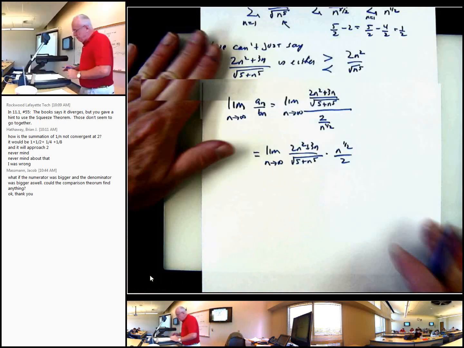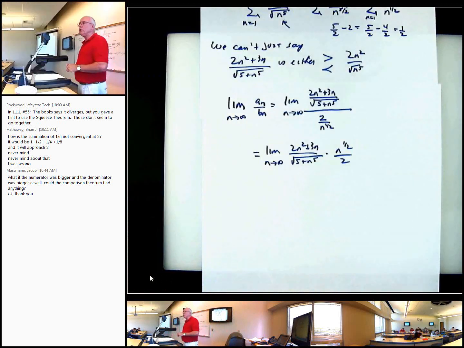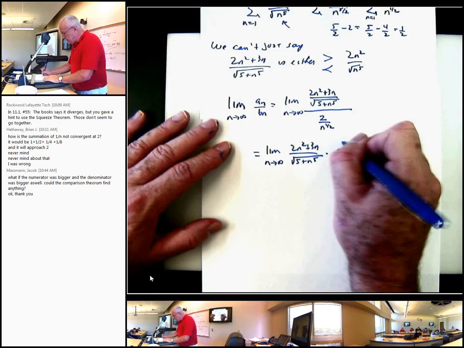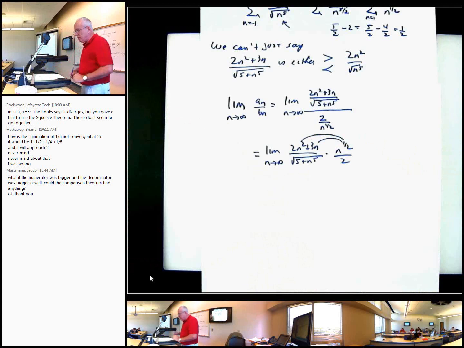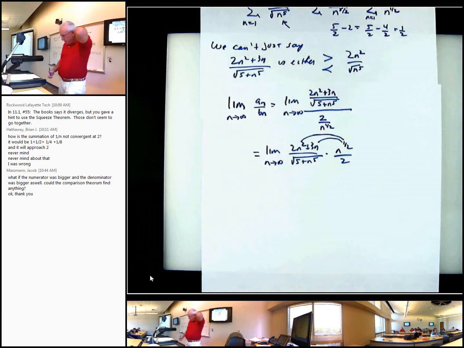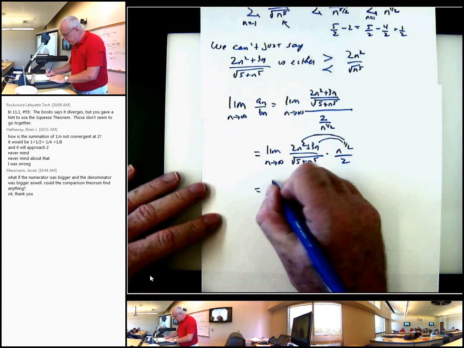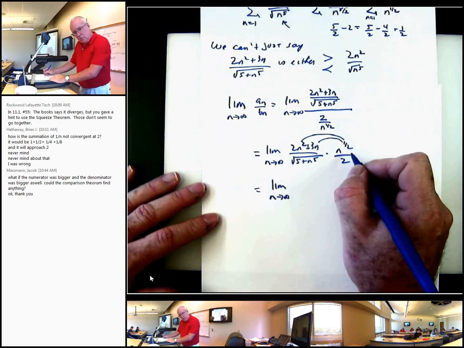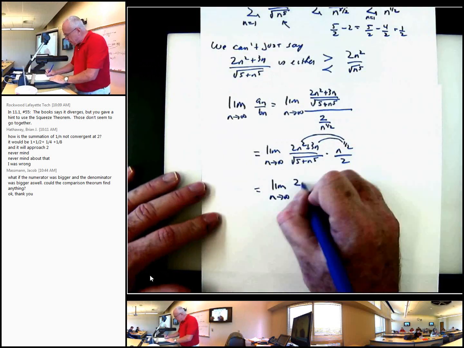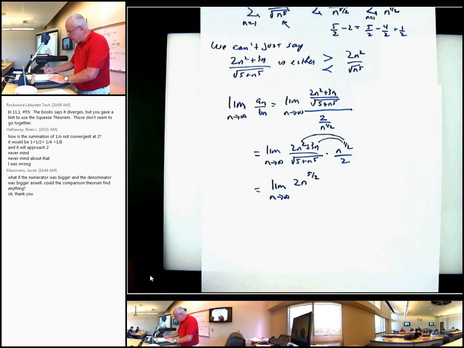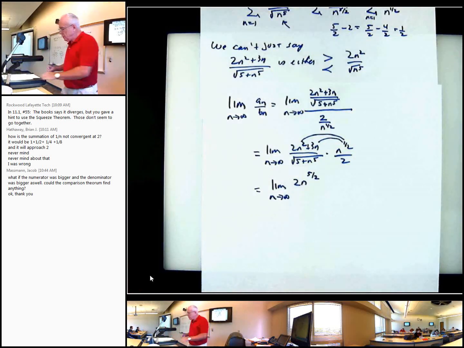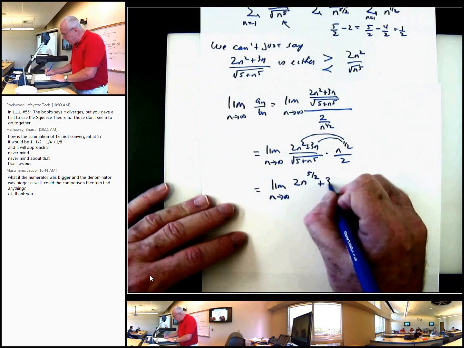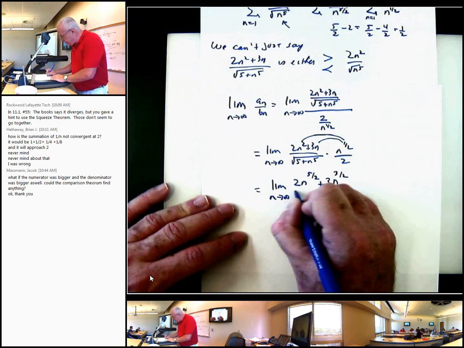You say, well, I'm afraid things aren't quite so clear yet either. Let's do a little distributing here. Let's distribute this n to the 1/2 with the two terms it's multiplying. 2n squared times n to the 1/2 power, when you add the exponents, that's 2n to the 5/2 power, plus 3n times n to the 1/2 power, that's 3n to the 3/2 power.